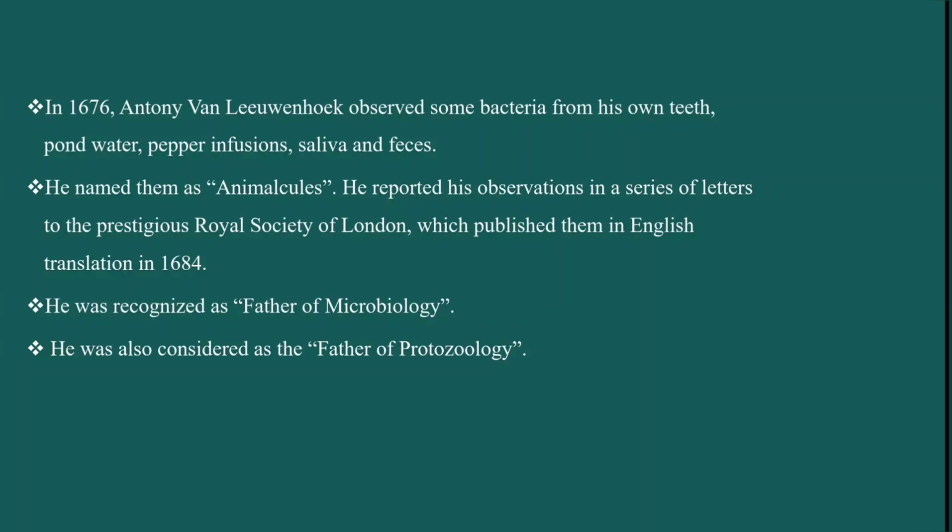He named them as animalcules. He reported his observation in a series of letters, which is published in English translation in 1684. He is also called the father of microbiology and also considered as the father of protozoology.